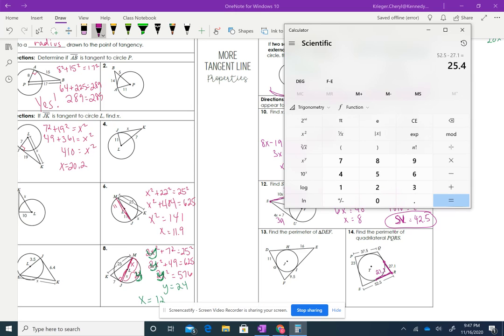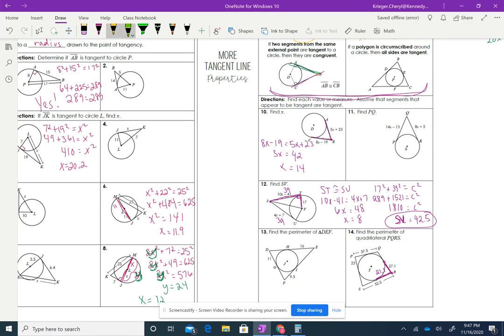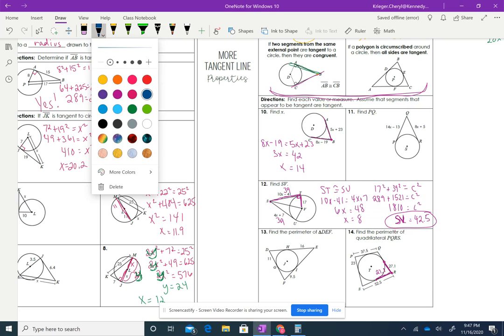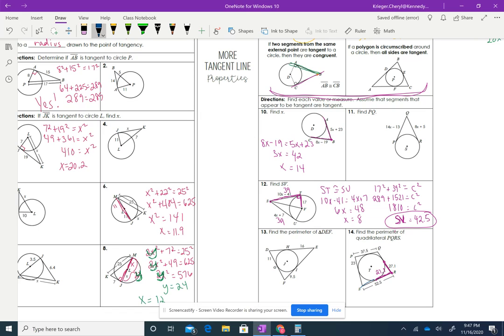Which is 25.4. Okay, so I'll say this line is 25.4, so this one is also 25.4. Okay, and we're almost done.